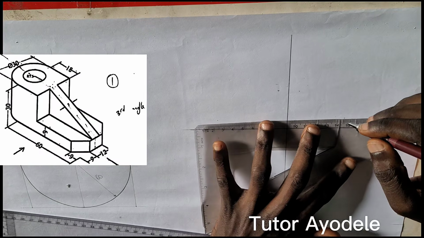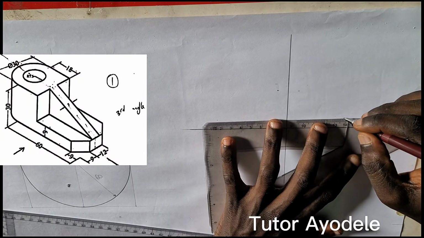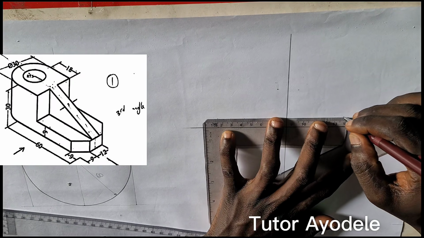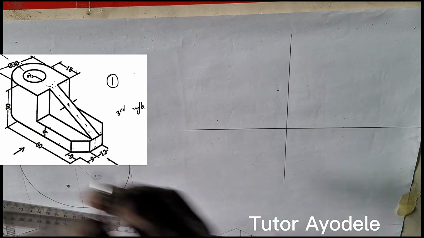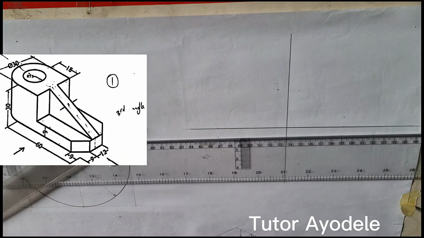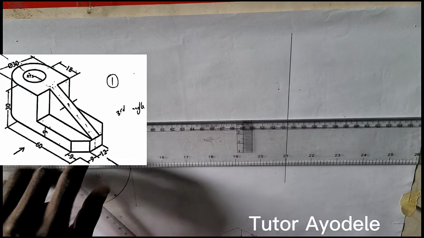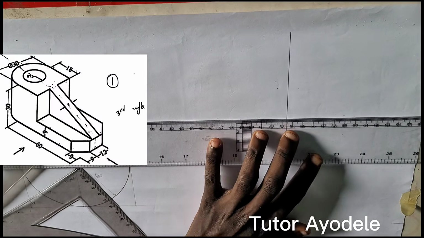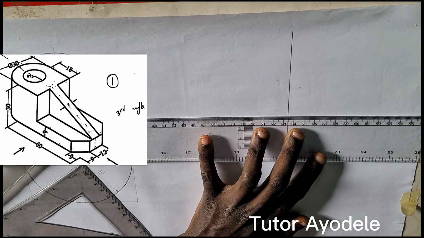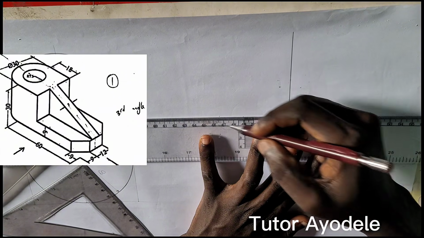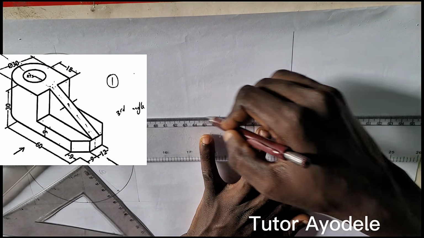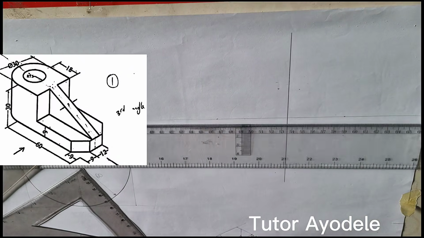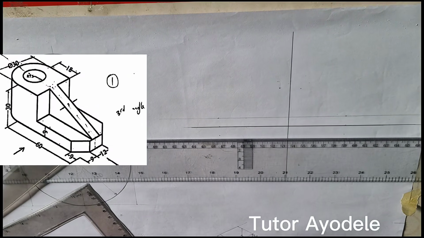Let's join them together with a construction line. Let me use the ruler to join them together. It's a construction line.